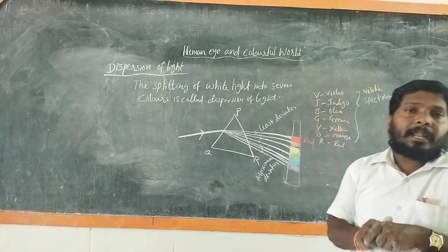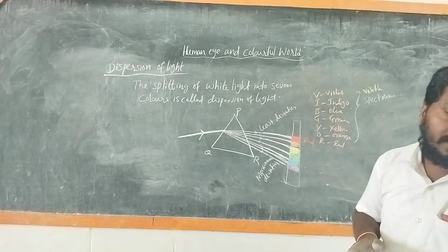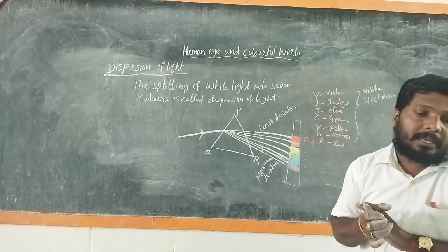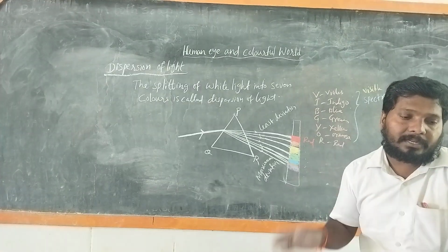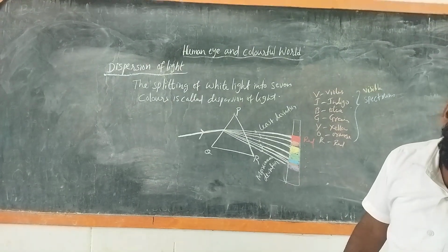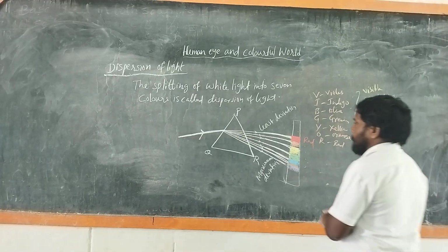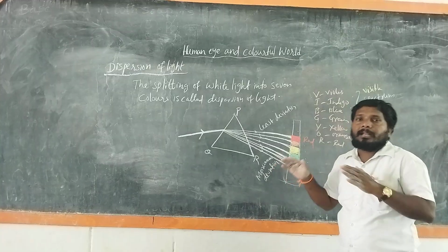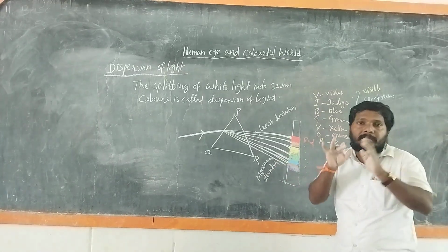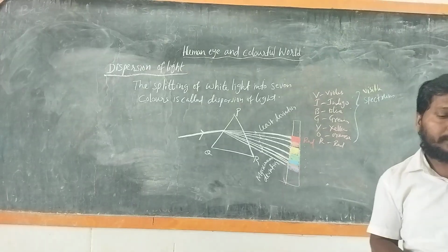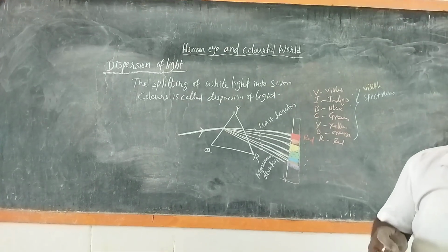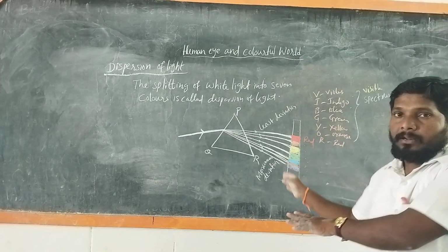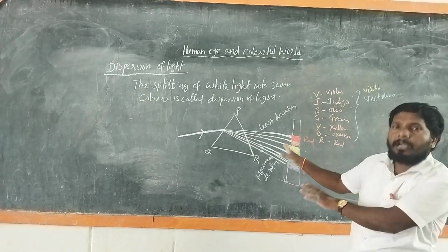So when white light consisting of seven colors falls on the glass prism, each color is refracted or deviated at a different angle because the speed is different for different colors.